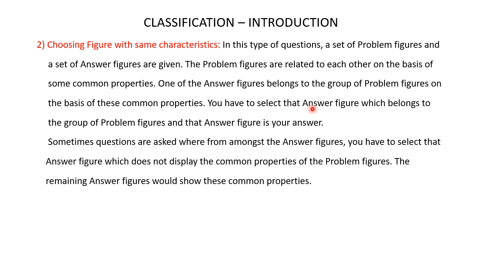You have to select that answer figure which belongs to the group of problem figures and that answer figure is the answer. Now, sometimes questions are asked where from amongst the answer figures, you have to select that answer figure which does not display the common properties of the problem figures. The remaining answer figures would show these common properties.